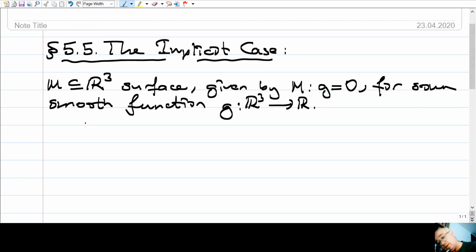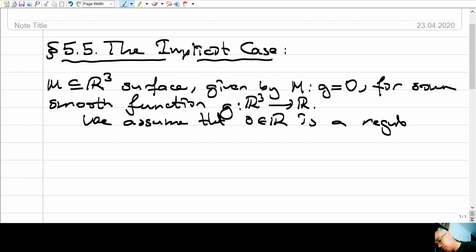We assume that 0 is a regular value for g.